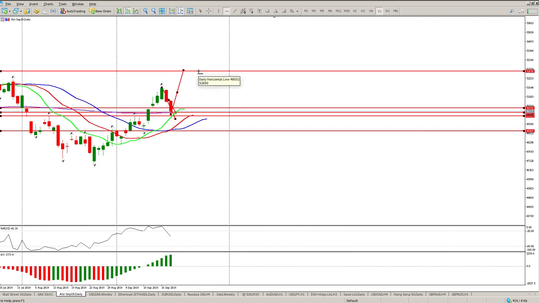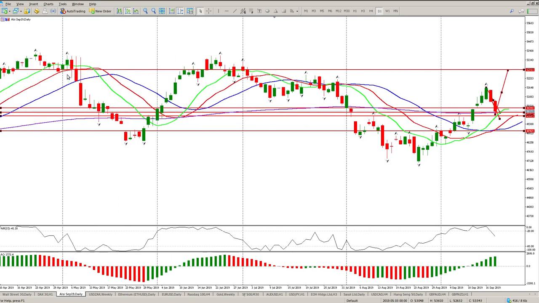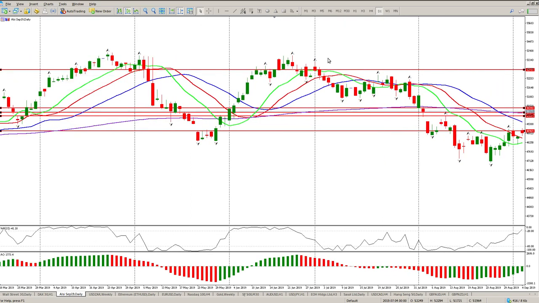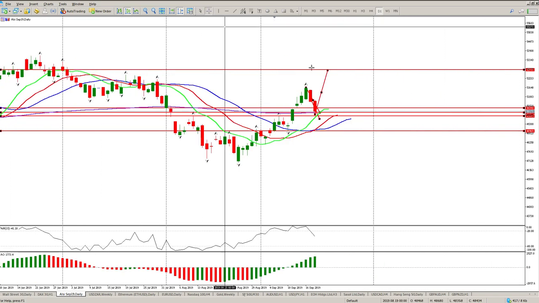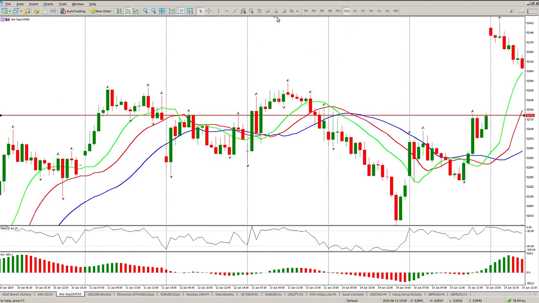And that second move takes us pretty much back into this area of congestion here. Okay, so that second move, if it plays out, is well worth 2,700 points.